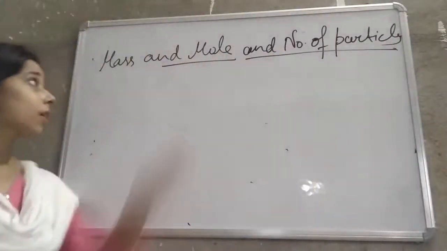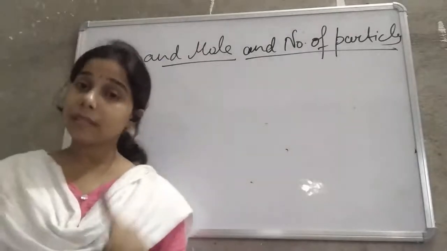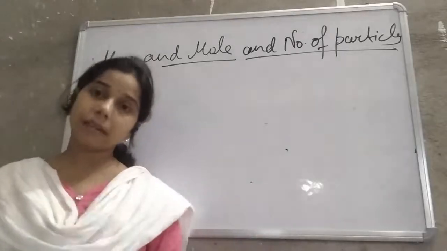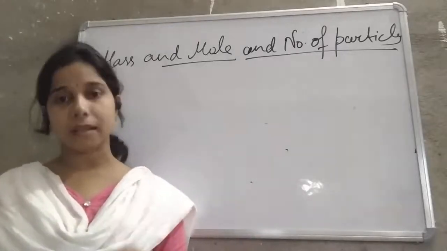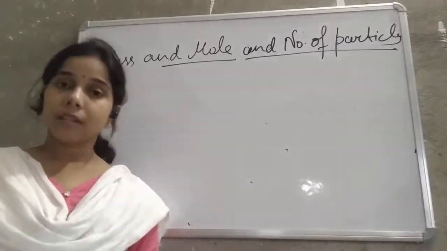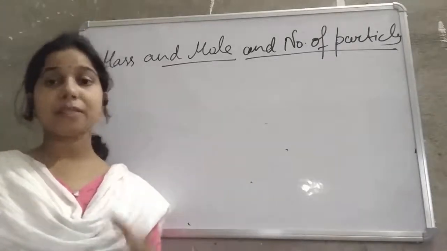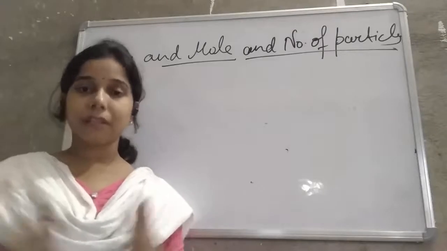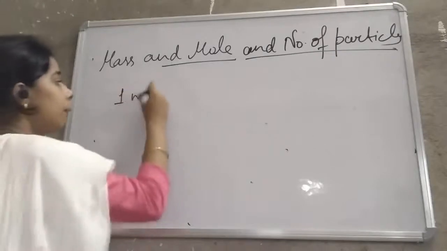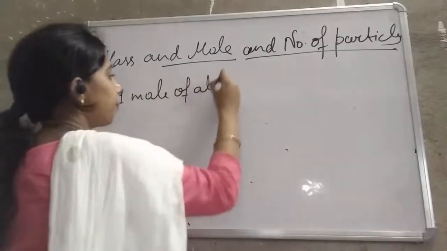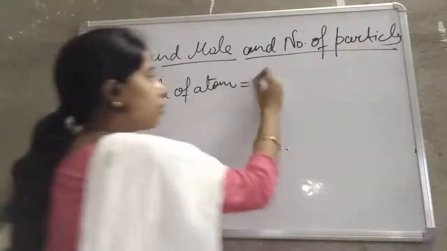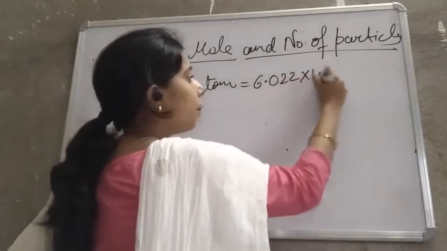So students, when we were talking about the mole, we said that the mole has a fixed number of particles. Now we are saying that the mole also has a fixed mass. So mole is not only having a fixed number of particles, but it also has a fixed mass. So if we talk about 1 mole of an atom, the number of particles present is equal to 6.022 into 10 to the power 23.